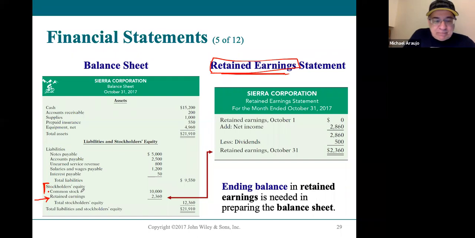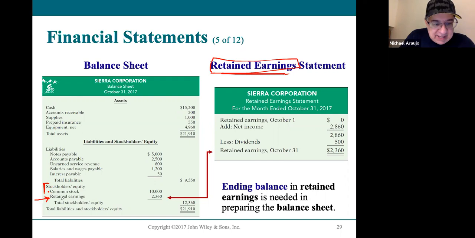Retained earnings is second because the company has to exist first before it can make a profit. And so it's the second account listed under stockholders' equity because it literally happens second. The company has to exist first, have revenues, have expenses, and have a profit. That's why it's listed second.